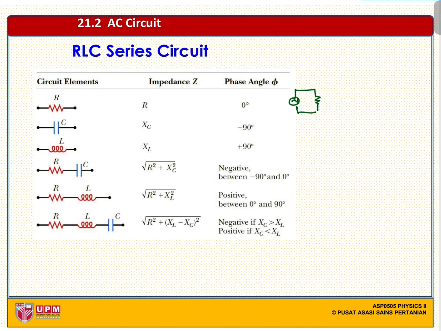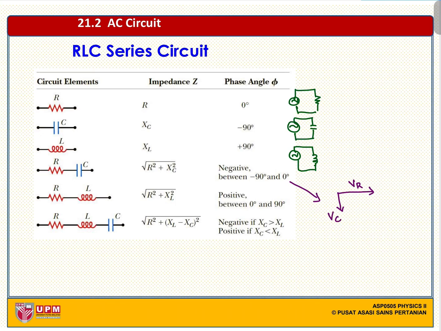It can also be connected with C only, as we saw earlier, or connected with an inductor only. But it can also be connected with R and C, or with RL. And this one we saw earlier, RLC. So when you have RC, you have already seen it. Your R is here, VR is here. Your VC is downward, right?